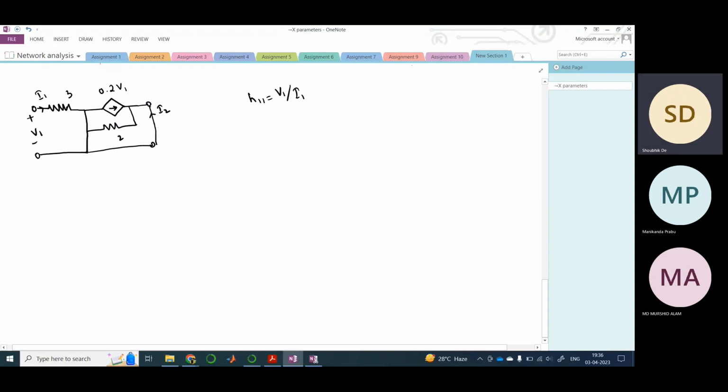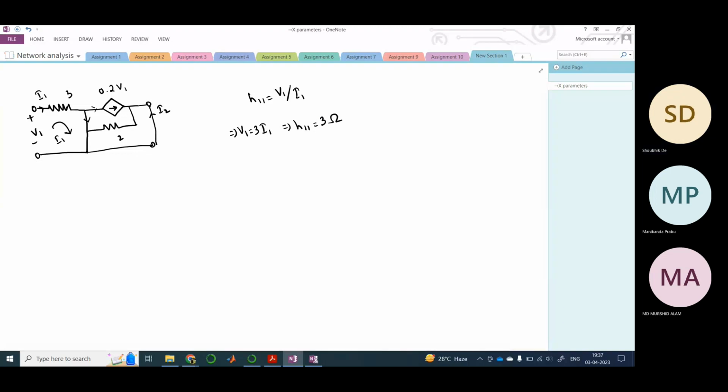It won't flow into this path because this is a short circuit path, the least resistant path, and current takes the least resistant path. So you do a KVL here and you get V1 equals 3I1. In this way you get H11 equals 3 ohm, right? Did you understand this?